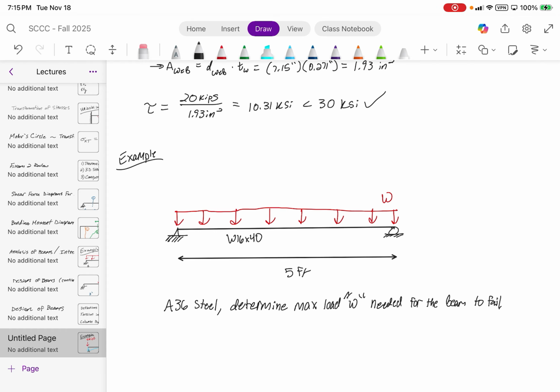I've already received twice complaints. But this problem is definitely going on the test too.